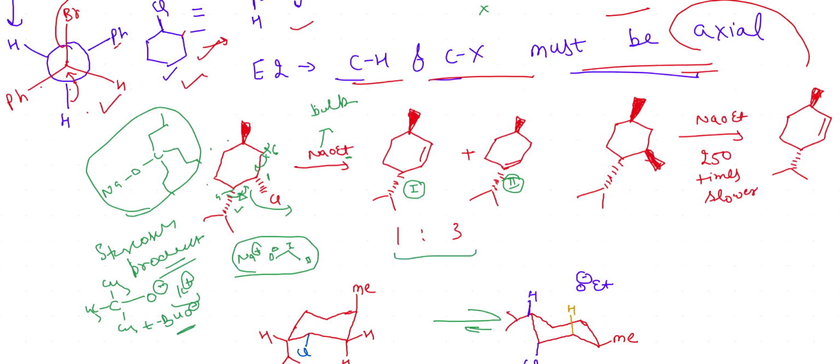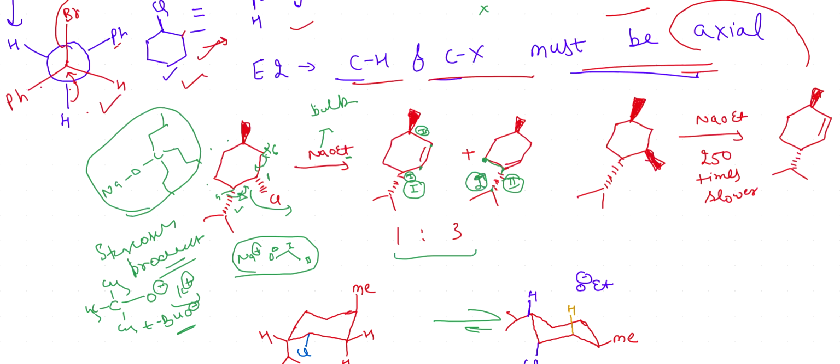Let's look at this example. This carbon is attached to one alkyl group. This carbon is also attached to one alkyl group. So this is a disubstituted alkene. But in this case, this carbon is attached to one alkyl group, and this is your another alkyl group. Two carbons, and this carbon further is connected to one alkyl group.